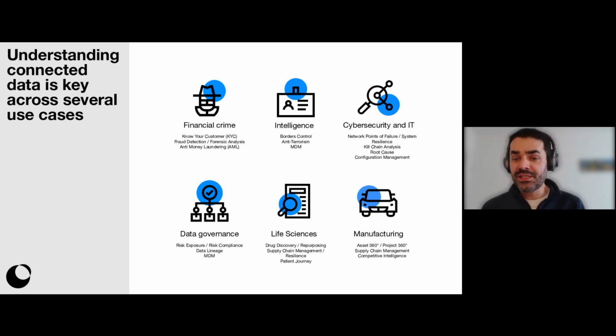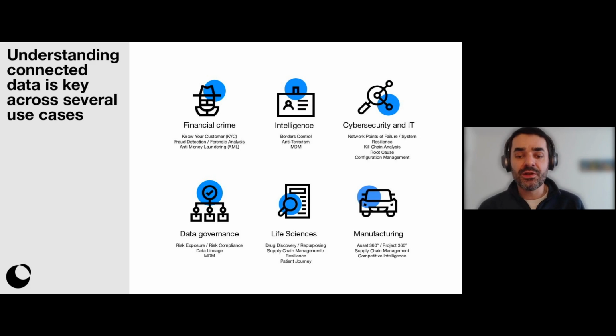In cybersecurity and IT, use cases include networks, point of failures, and identification of systems resilience, kill chain analysis, root cause analysis, or configuration management. In data governance, we are seeing use cases such as computing risk exposure or risk compliance, data lineage, and master data management.